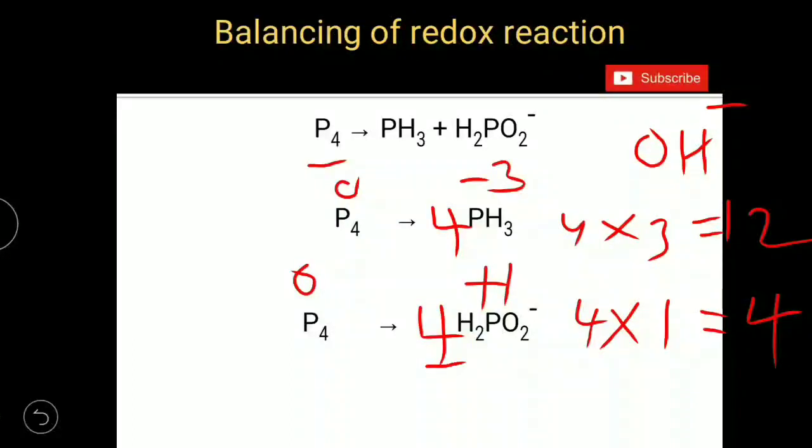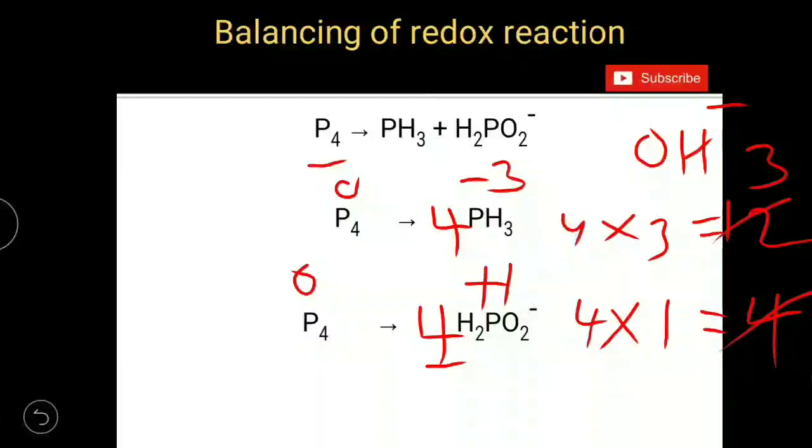And in both the cases, you got n-factors that are multiples of 4. So we can make it simple. 12 becomes 3, 4 becomes 1. And use these n-factors, multiply the two half equations in crisscross method.